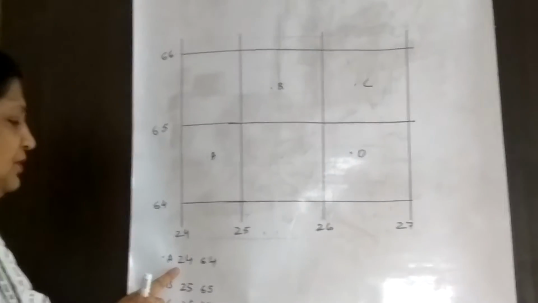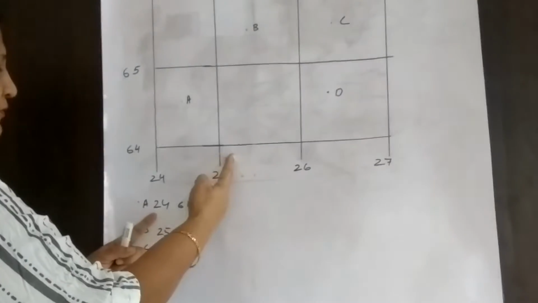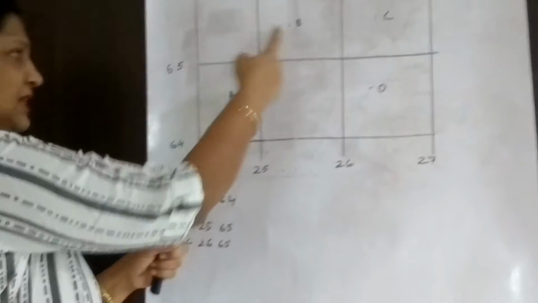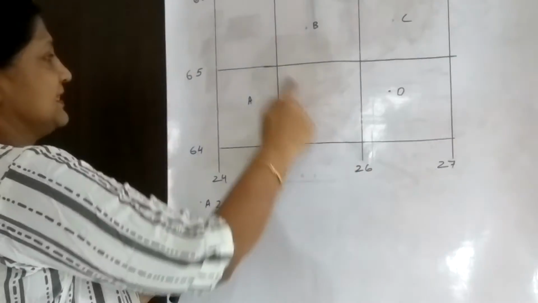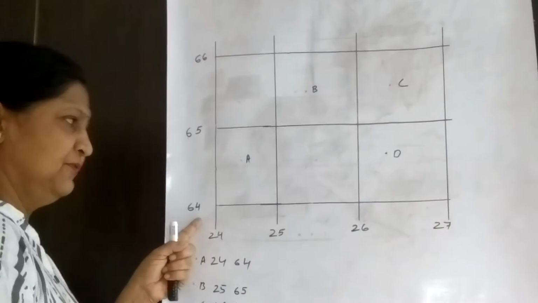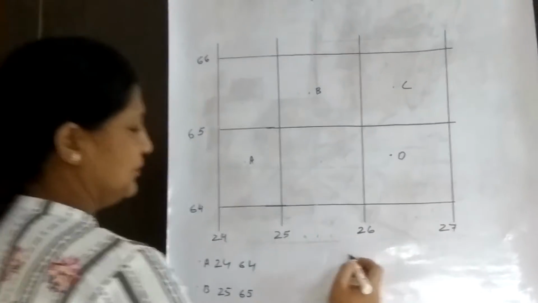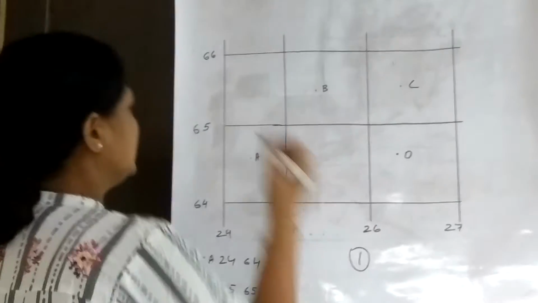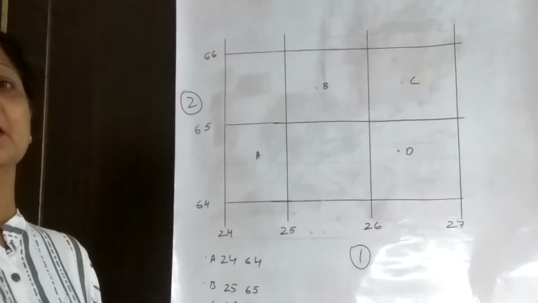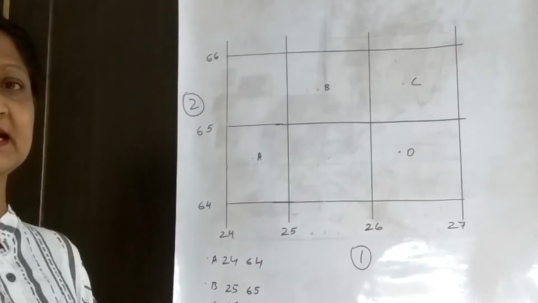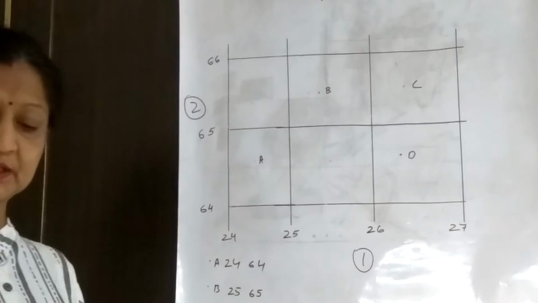Like I told you, grid A is 24 and 64, and point B is 25 and 65. If this is the origin, we move first to this point, first we take this, and secondly we take this. It is known as the 4 grid reference. Generally it locates a particular grid in the topo sheet.